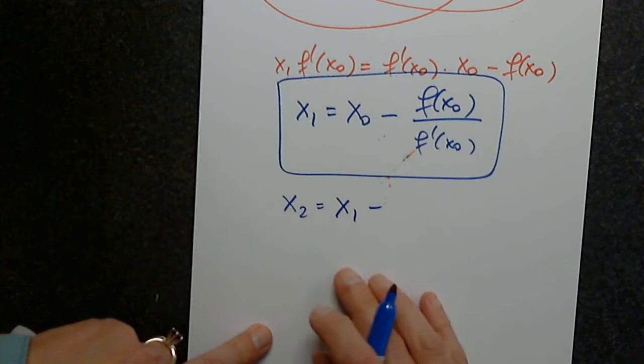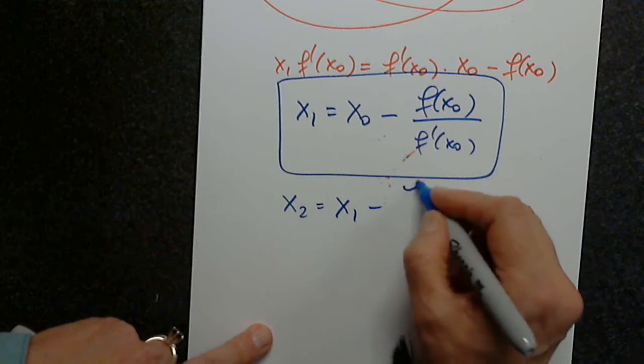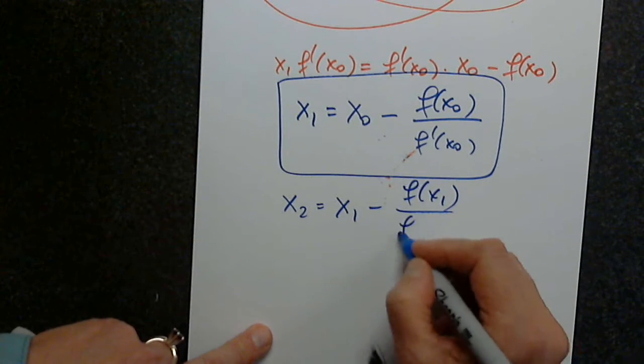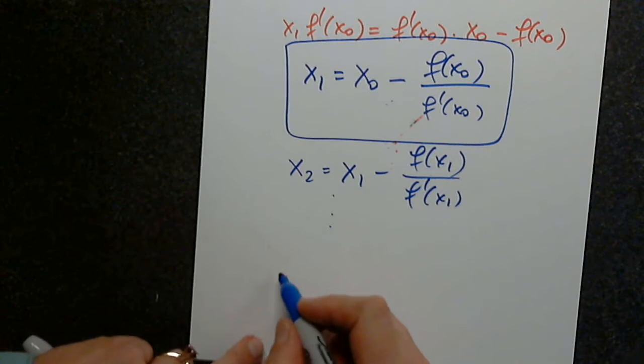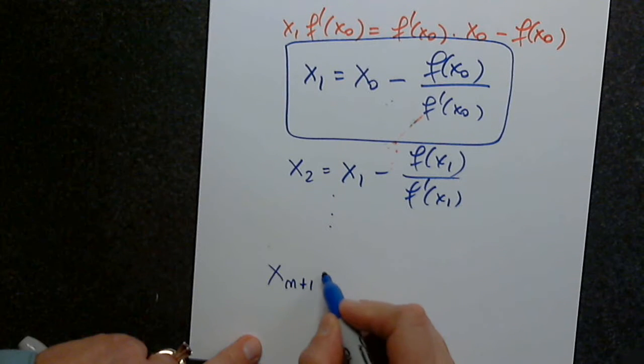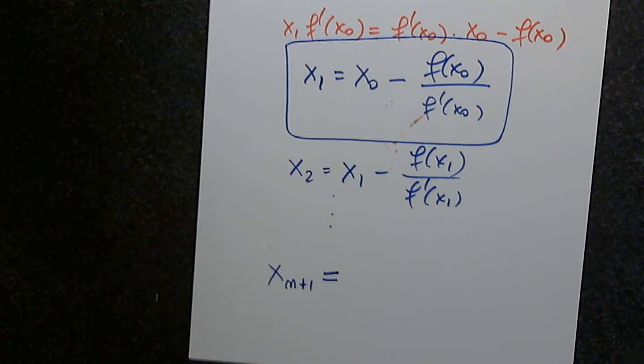Yes, x1 minus. Of course, because now everything is in reference to x1. Okay, and so on and so forth. The n plus first iteration. What will that equal to? Very good.